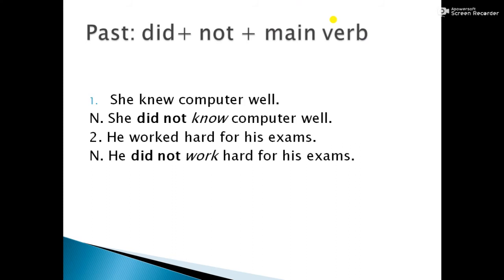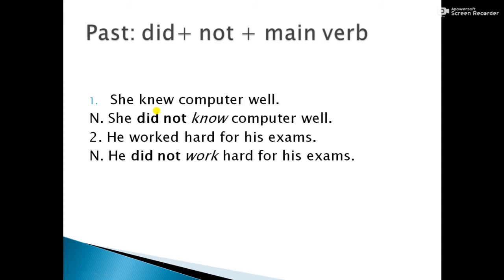I am deliberately using the phrase first form because I know in your schools you have learned first form, second form and third form, especially in Marathi medium schools. So, she knew computer well. Knew is the past tense of this positive sentence.